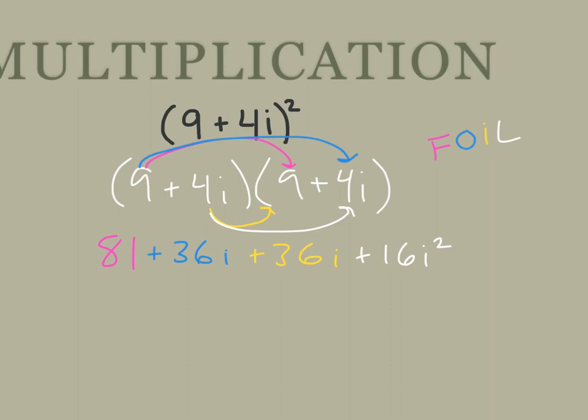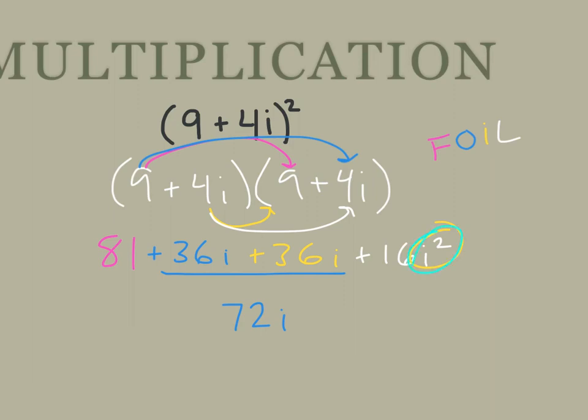So now we can combine our like terms. What's 36i plus 36i? 72i. And then what can we do next? Awesome.